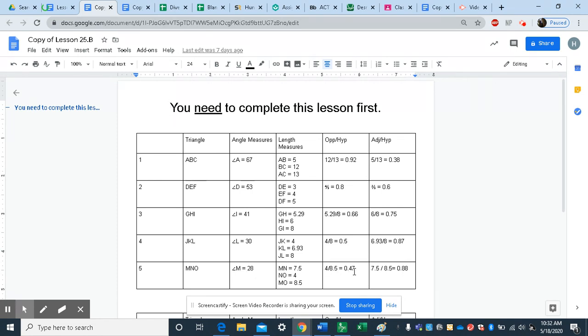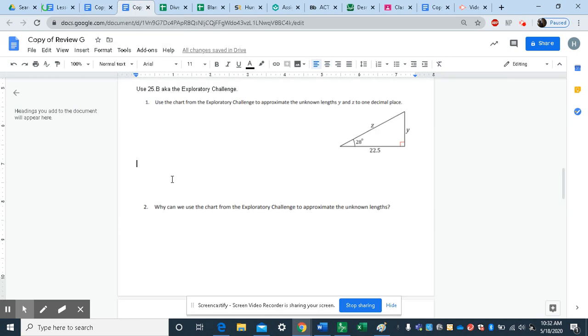So that means the opposite over hypotenuse is going to be equal to 0.47, and the adjacent over hypotenuse is going to be equal to 0.88. So let's do adjacent over hypotenuse first. So it's going to be equal to 0.88, right? Because we are given the adjacent. So 0.88 is going to equal 22.5 over z, our missing side. Right? Because that's our hypotenuse.